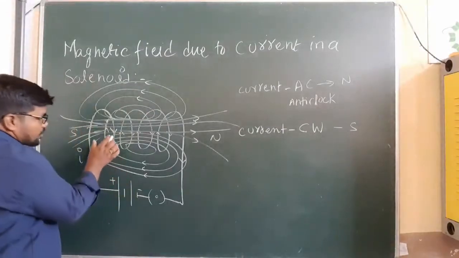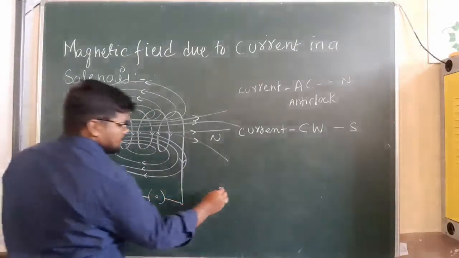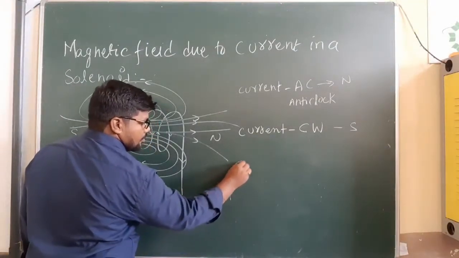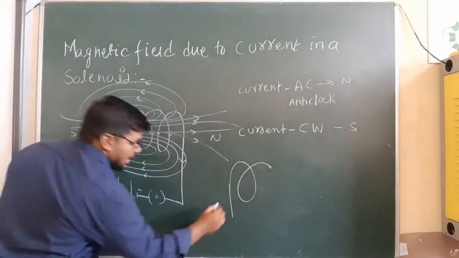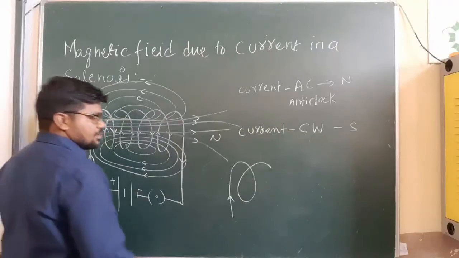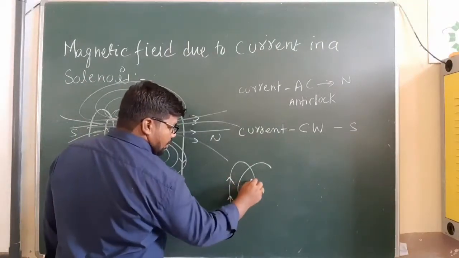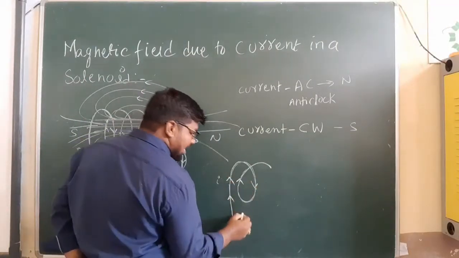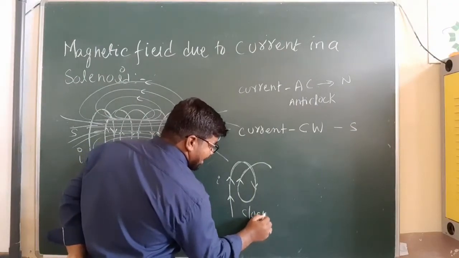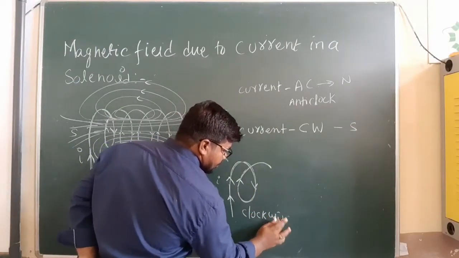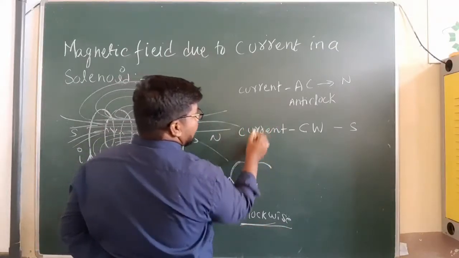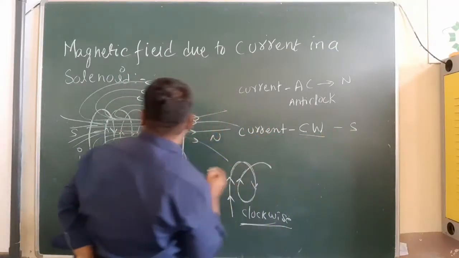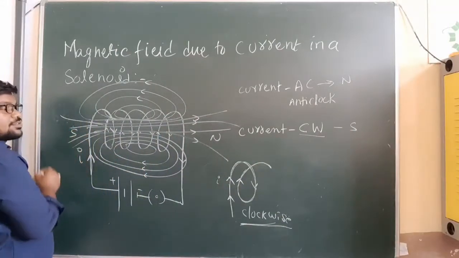See here, we have to check. Current passing through like this, clockwise. Clockwise means which direction? Clockwise means south. Yes, it is south.